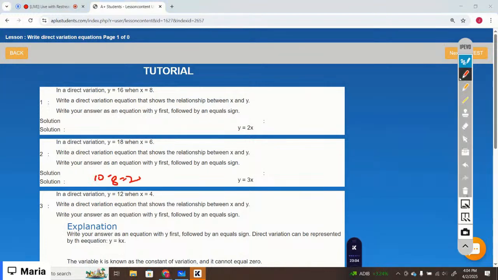The k in the direct variation: k equals y divided by x. The equation is y equals kx, that equals 2x. So in the direct variation equation, y equals kx.